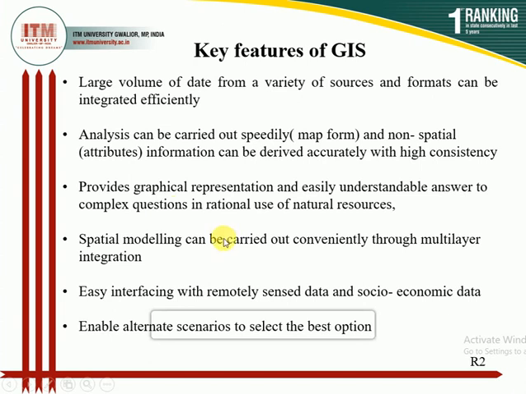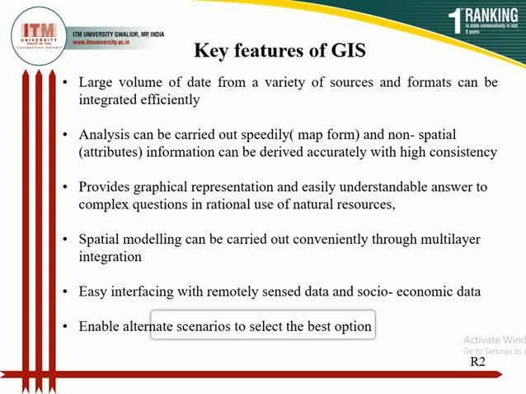A spatial analysis or spatial modeling can be carried out with the help of different multi-layer integration. Multi-layer integration means various sorts of information are available in the GIS, so all sorts of information are integrated, merged together, and compiled information can be generated. What I have told you previously, what is modeling?